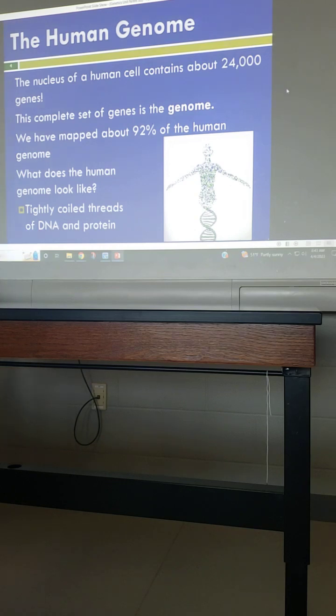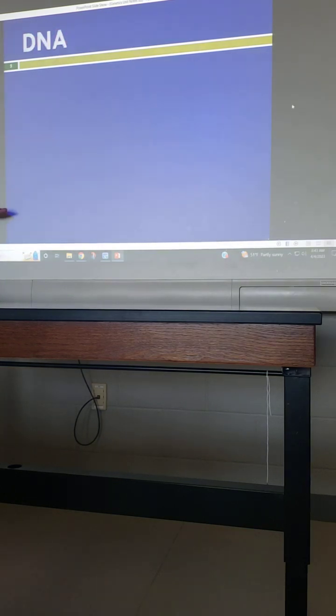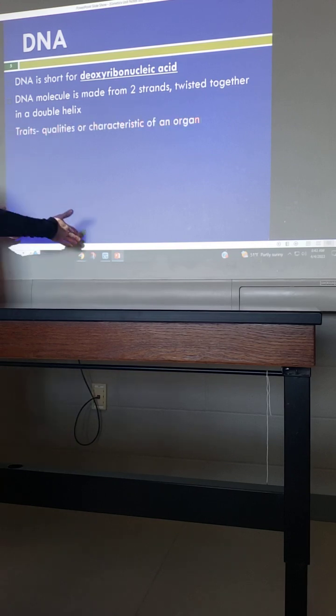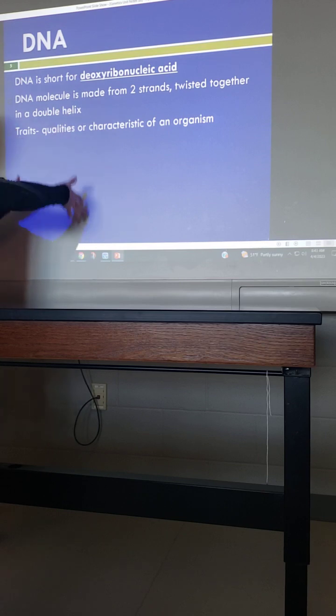And that is signifying, hey, they're trying to show you DNA. It is short for deoxyribonucleic acid. And no, you don't have to spell that. We always use the abbreviation DNA, which is nice. And it's made from two strands twisted together in a double helix. So the strands are kind of like the sides of the ladder.